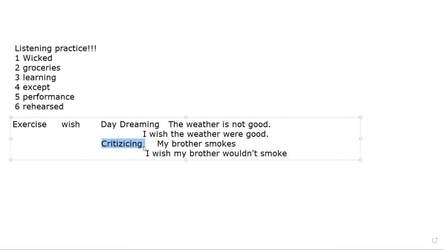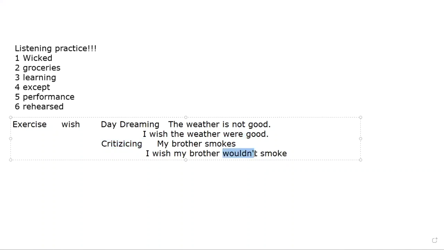There's nothing you can do because it doesn't depend on you. It's not in your hands. It's in somebody else's. And then you are using the past, because there is no other way to express something which is hypothetical, something which is not real. So that is why we are using the past form.